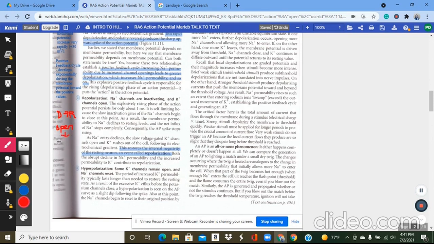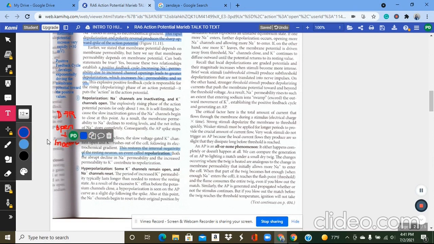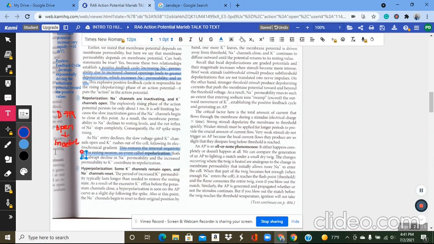Oh wait, no, they become open in depolarization, but they become inactive in repolarization.